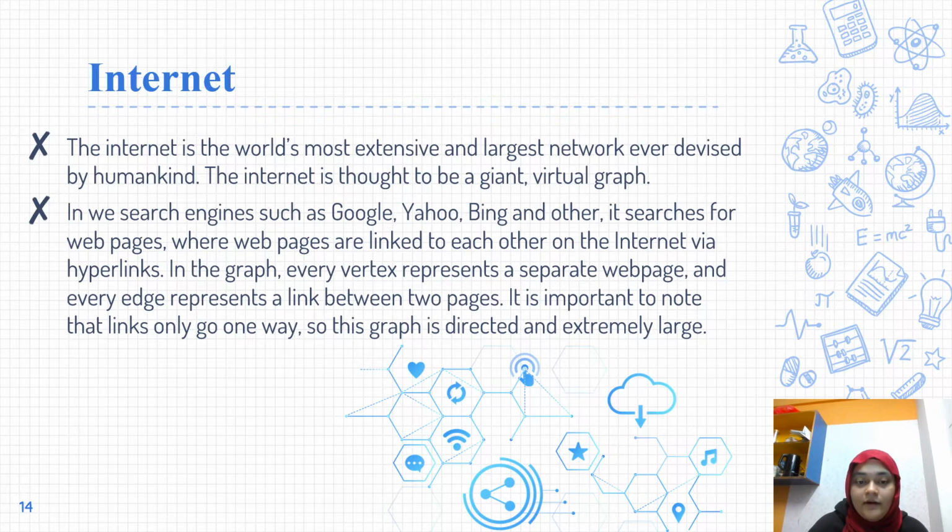In the graph, every vertex represents a separate web page, and every edge represents a link between two pages. It's important to note that links only go one way, so this graph is directed and extremely large.